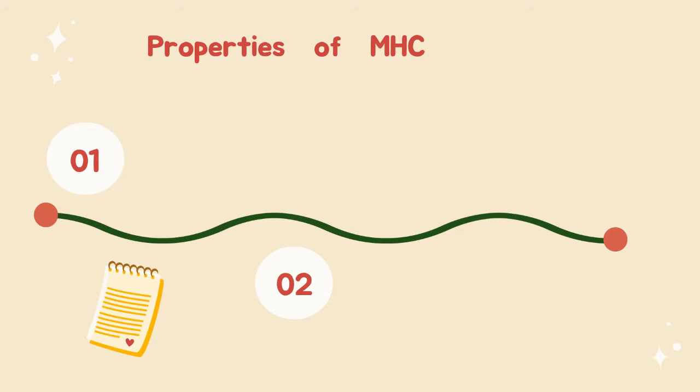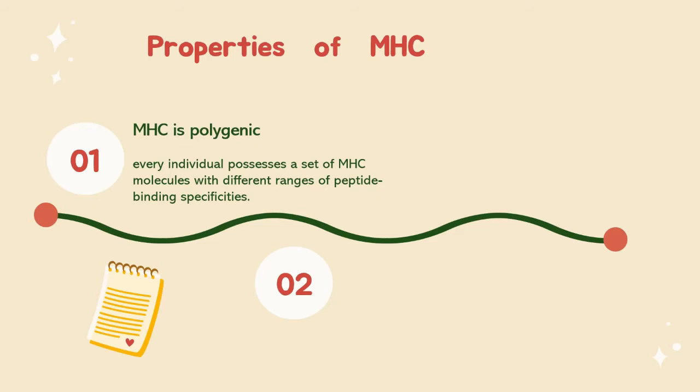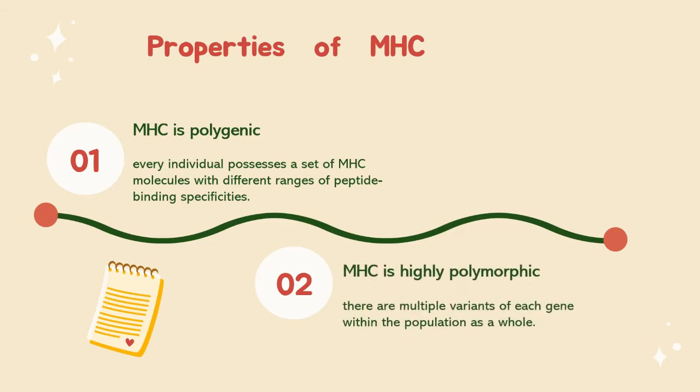Properties of MHC. First, the MHC is polygenic. It contains several different MHC genes so that every individual possesses a set of MHC molecules with different ranges of peptide binding specificities. Second, the MHC is highly polymorphic. That is, there are multiple variants of each gene within the population as a whole.